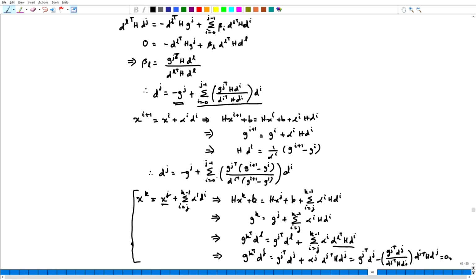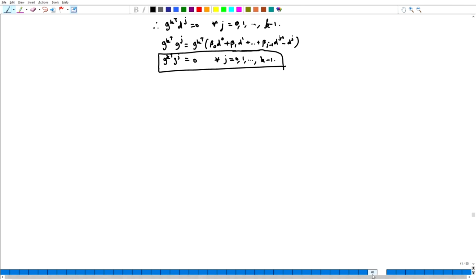So you can see that if i is not j minus 1, the numerator becomes 0 for everything else, and when i equals j minus 1, this term becomes 0 as well.